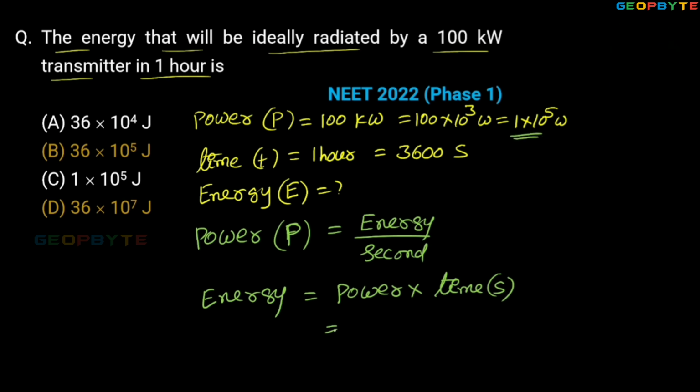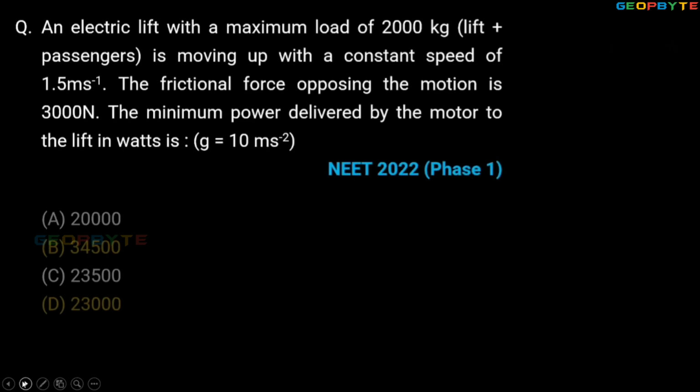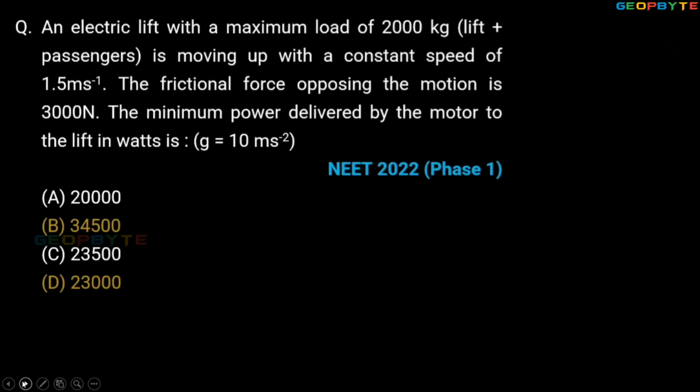Look at the power, 1 into 10 power 5. Time is 3600. Simplify this value to get 36 into 10 power 7 joules. That is the energy transmitted by the transmitter. Look at option D. Option D is absolutely correct.